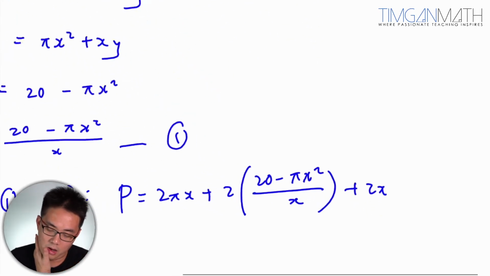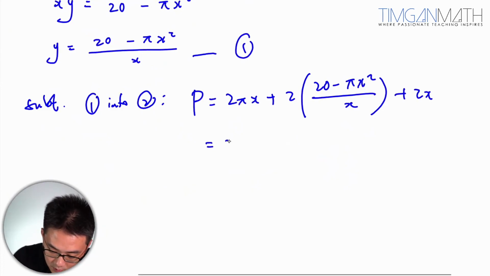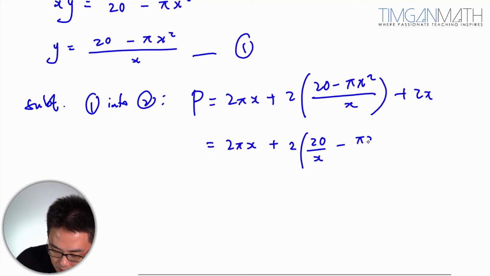Maybe I'll split it up: 2πx plus 2 times 20 minus πx², all over x. I'm just going to do this slowly.